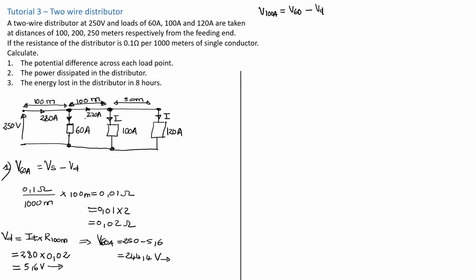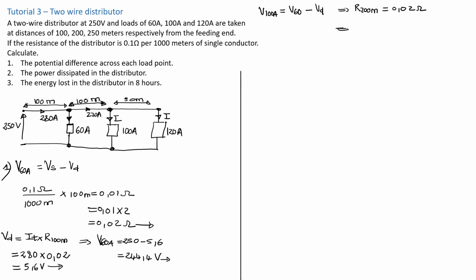So the resistance on this section is going to be the same as the resistance of the previous section that we found to be 0.02. So we're going to say our R for 100 meters is also going to be 0.02 ohm.